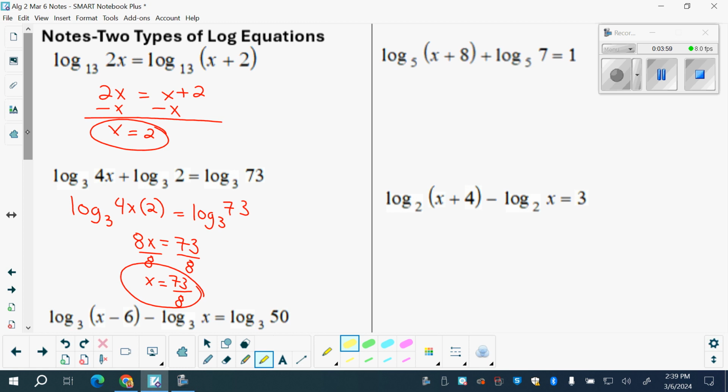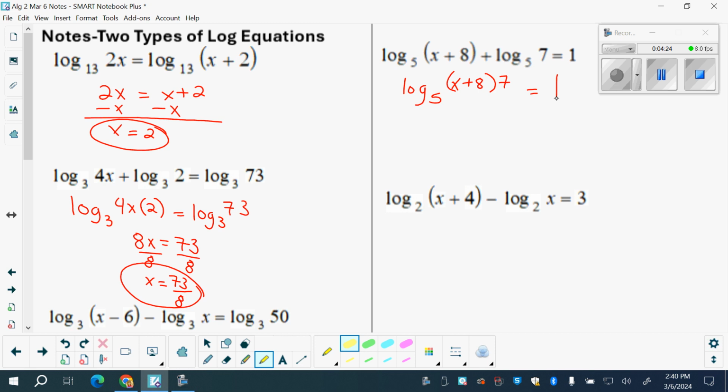So what we're going to do is we're first going to combine these two together and make one log. So log base 5 of what? What do we do with the x plus 8 and the 7 when it's addition here? Multiply. So it's going to be x plus 8 times 7 equals 1.